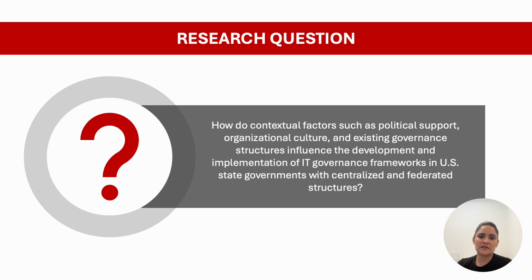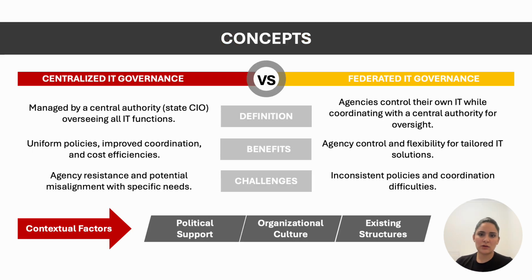We are comparing centralized and federated structures to see how different states manage their IT resources and their decision making processes. Now let's talk about the key concepts. First, centralized IT governance. In this model, a central authority, usually led by a state CIO, controls all IT resources and decisions for the state.